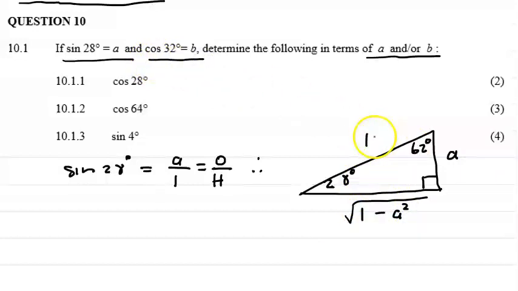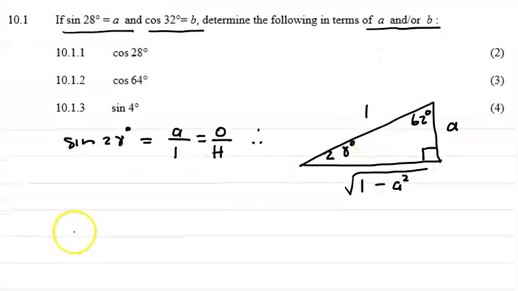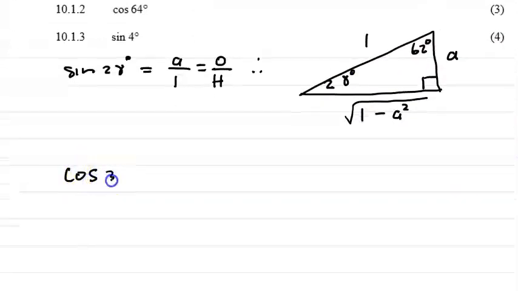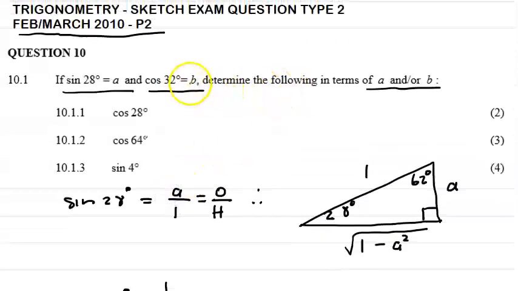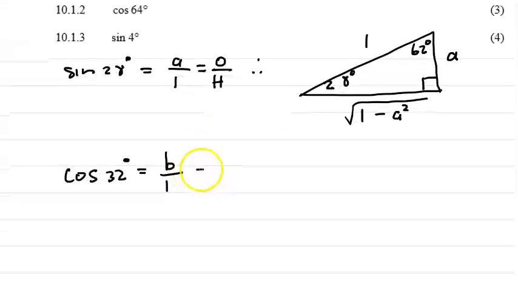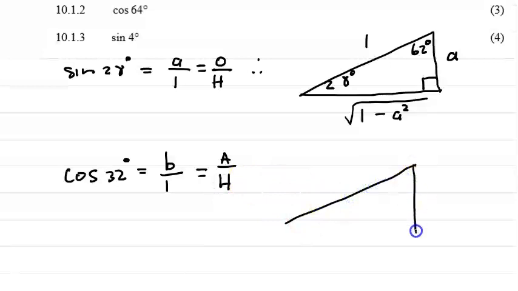Let's draw our second diagram. Cos of 32 equals B. Let's write that down. Cos of 32 degrees equals, remember this is a ratio, so write it as a fraction. Cos of 32 equals B over 1. What is cos? Remember the acronym SOHCAHTOA. So cos is adjacent over hypotenuse. Let's draw our right angle triangle.